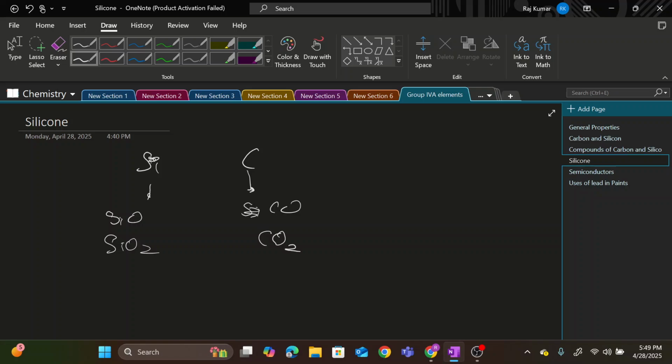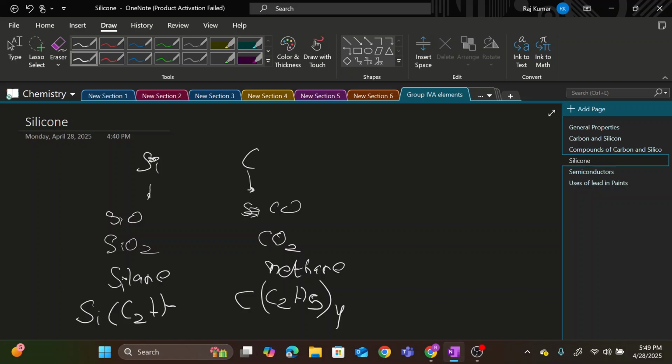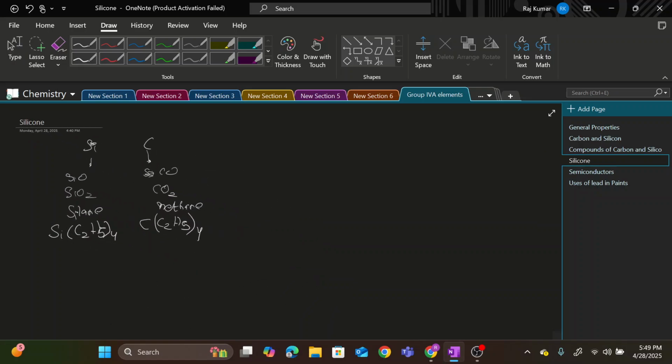Both of them can form bonds with hydrogen to form silane, methane, just like tetraethyl methane. Silicon can also attach with four ethyl groups. So it is chemically very similar to carbon.